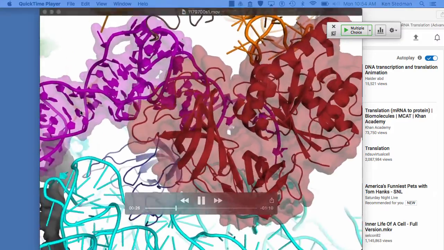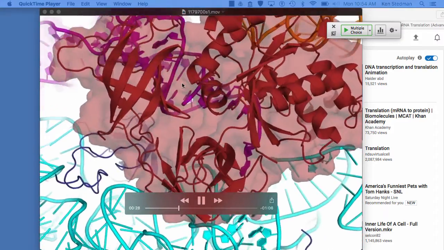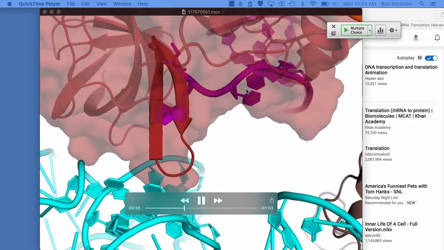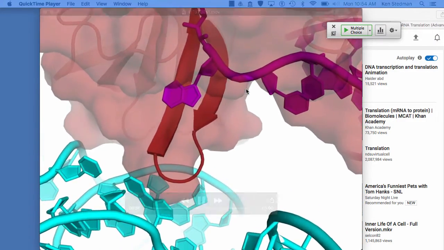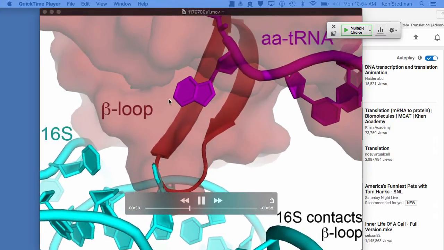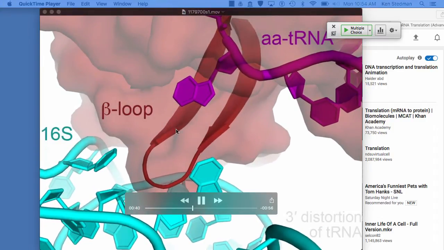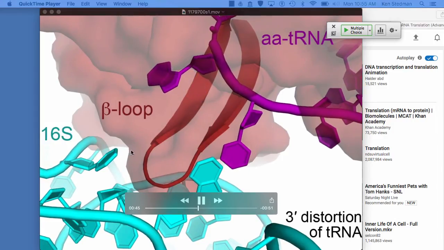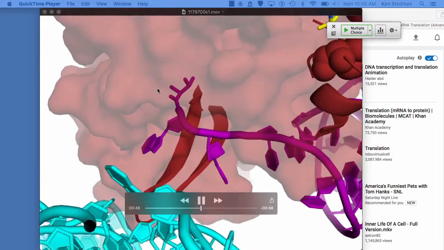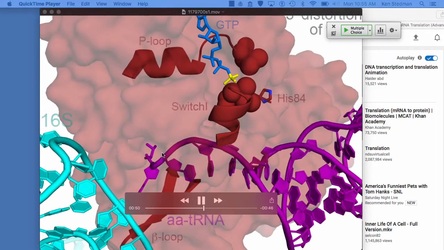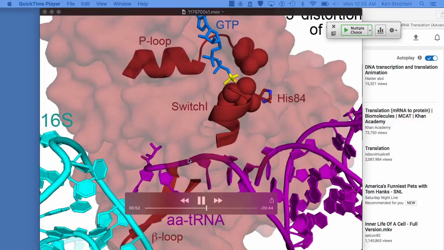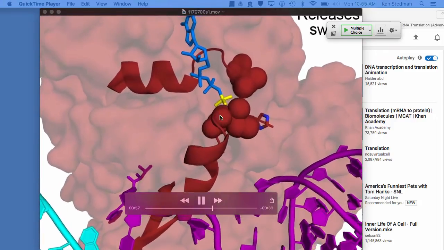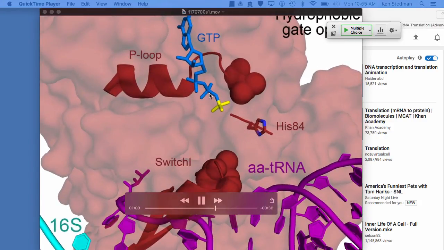If we have appropriate base pairing interaction, then GTP hydrolysis is going to happen in this EF-Tu. Here's that amino acid, which is the end here. We have interactions between the small subunit of the ribosome and EF-Tu. Lots of structural changes are going on here. Most importantly, now we're going to have our GTP hydrolysis.